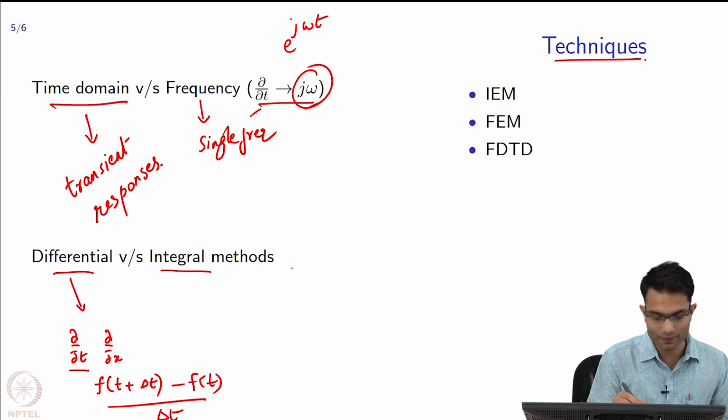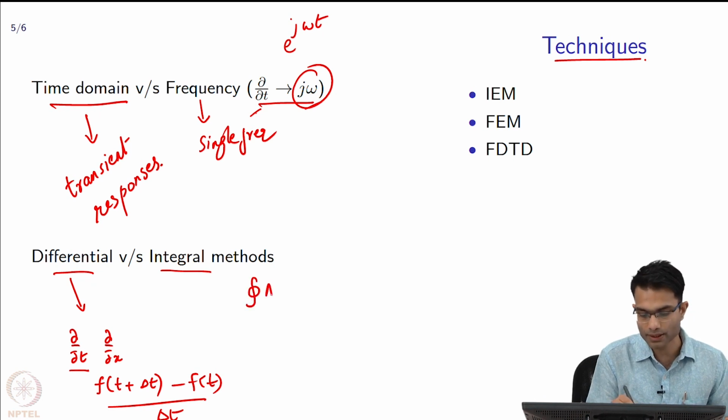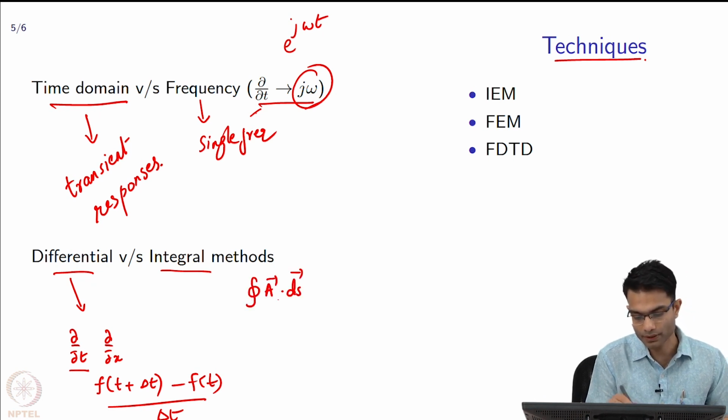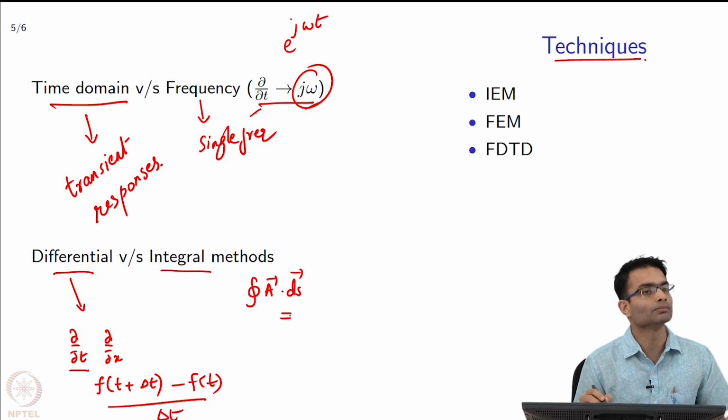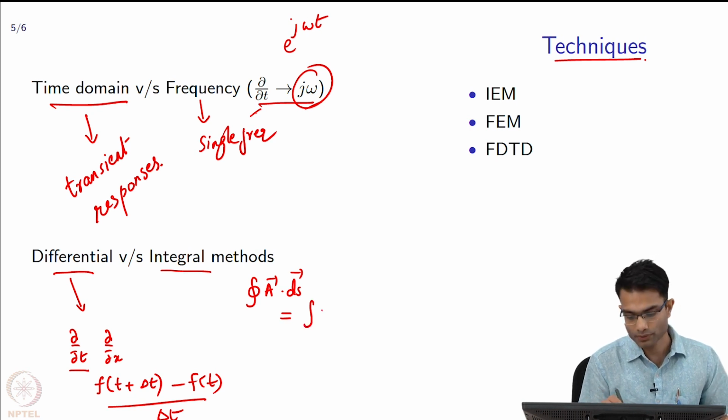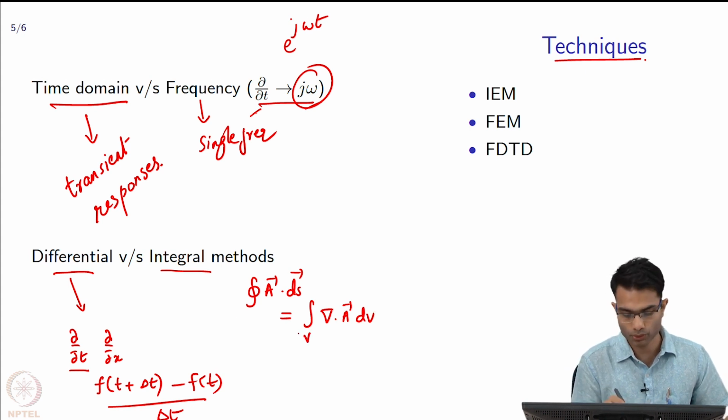So let us just write down the divergence theorem. The divergence theorem said that the flux of a vector field through a closed surface is equal to the volume integral of its divergence.